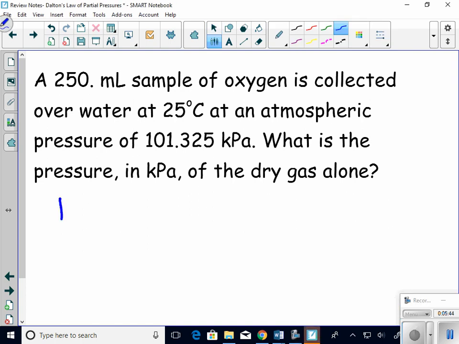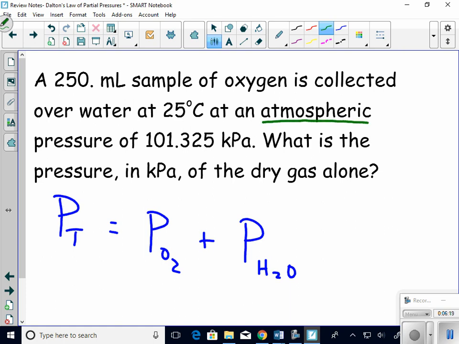So, my total pressure is going to be equal to the pressure of the oxygen plus the pressure of the water. Now, we know what the total pressure is because it's telling me right here, atmospheric pressure of that.